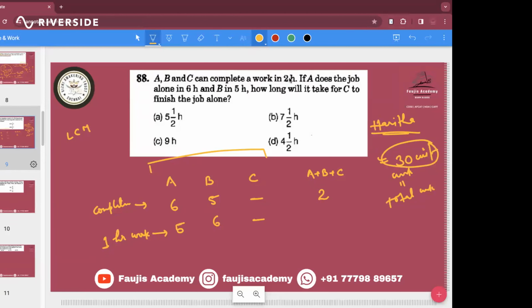In 2 hours, A plus B plus C complete the work, which means they were doing 30 units of work total. So together they were doing how much? 15 per hour. Then only 15 into 2 is 30, 6 into 5 is 30, 5 into 6 is 30.